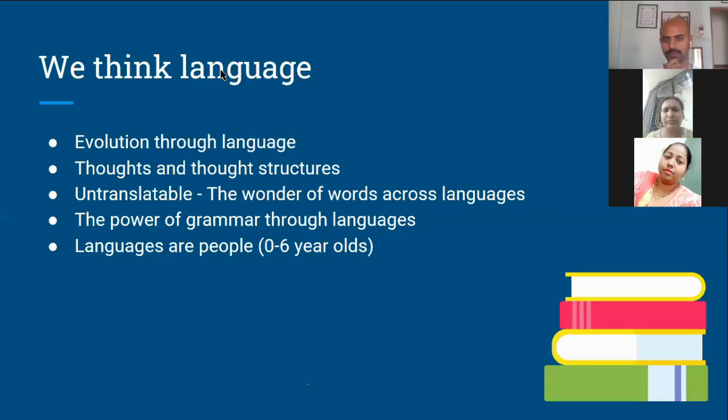What all do they influence? Do they influence your actions? Do they influence your decisions?